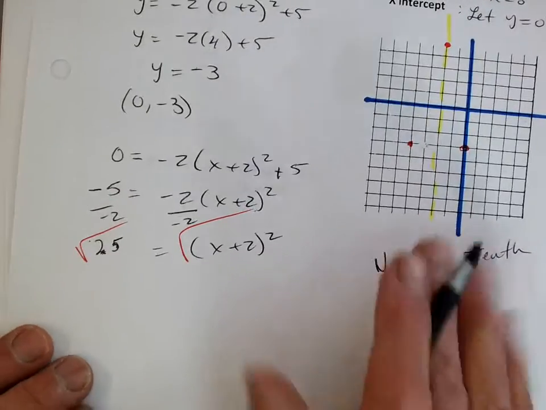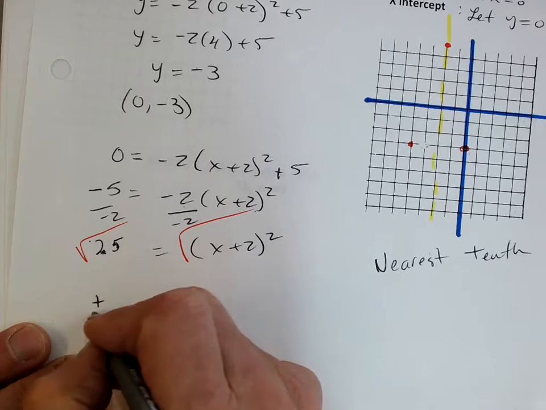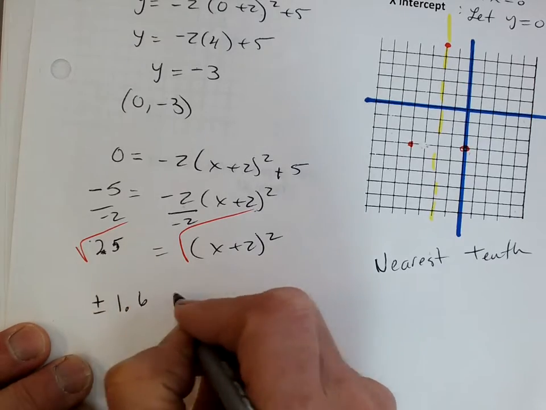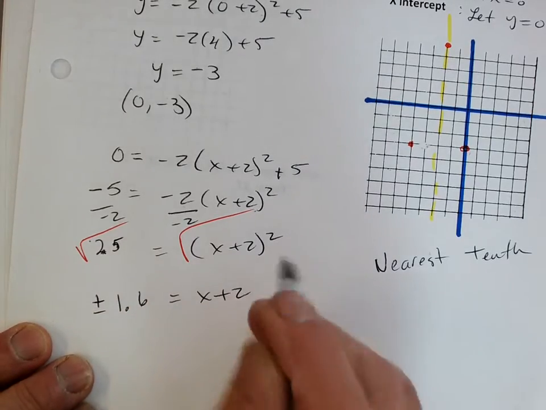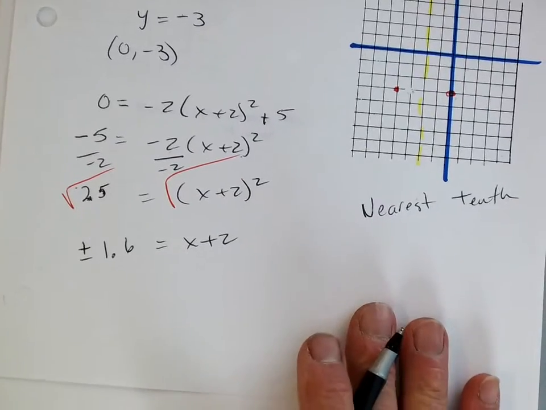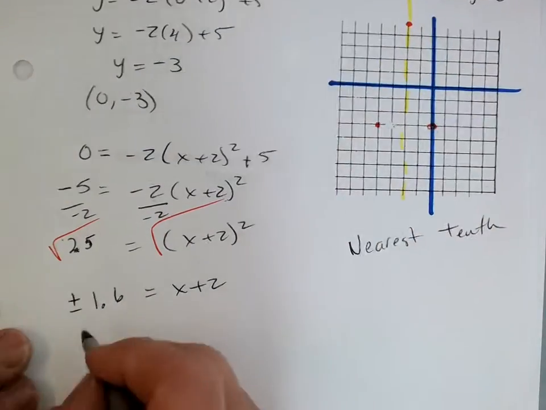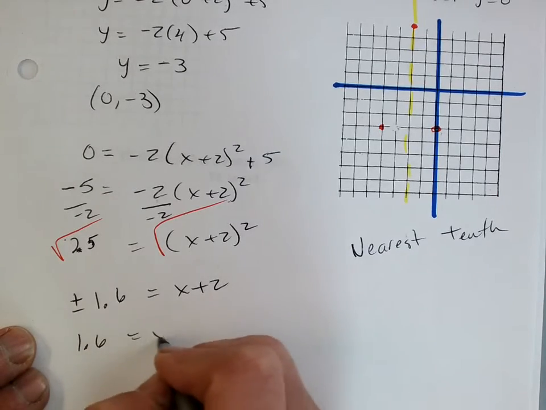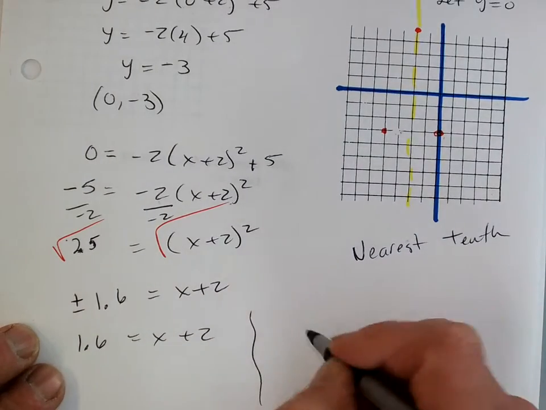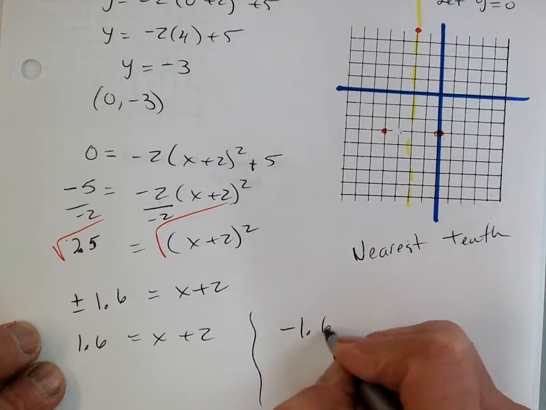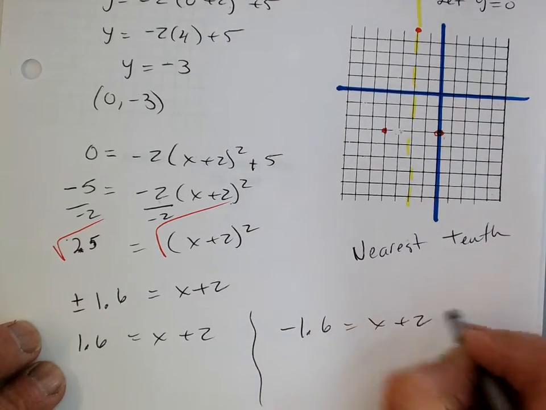So I've got a 1.6, but plus or minus 1.6 equals x plus 2. Okay? I know there's two answers. Has to be two answers because I know the graph's going to go like that.